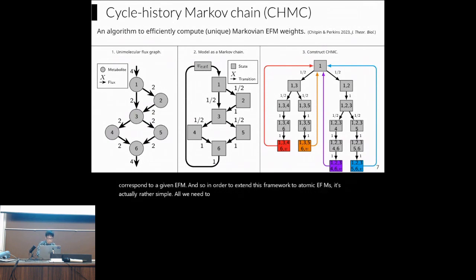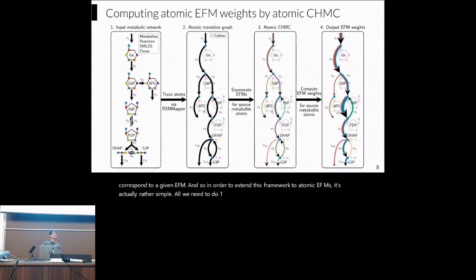All we need to do is include our 3D structures of our metabolites. Those can be encoded as SMILES strings, and using programs like Reaction Mapper, an atom mapping tool, for any given reaction equation, we can determine where that atom moves from the substrate side to the product side of that reaction.